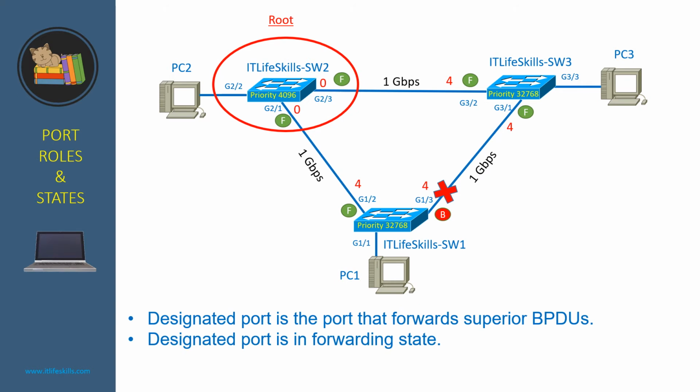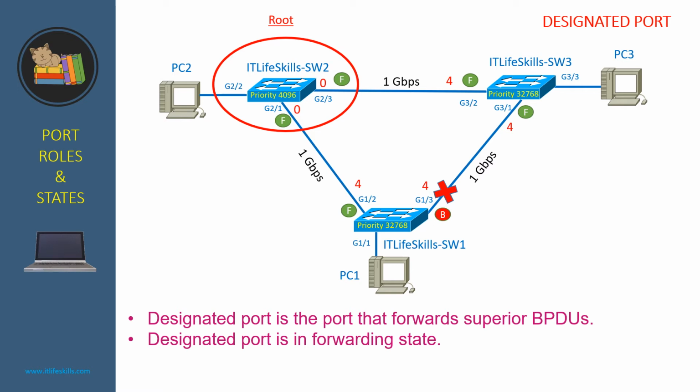Let's move on to STP port roles and their status. The first port role is the designated port role. A designated port is a port that forwards superior BPDUs. A designated port is in forwarding state. All ports on the root switch are designated ports.